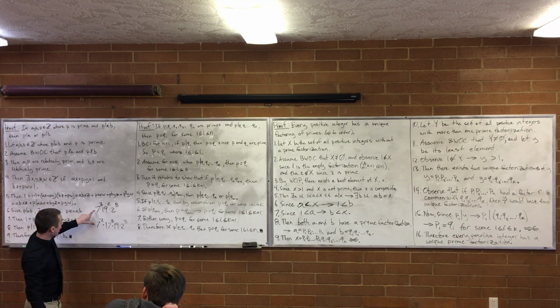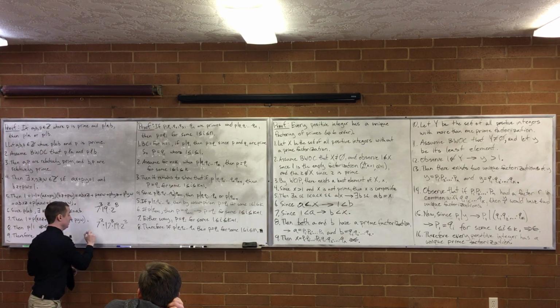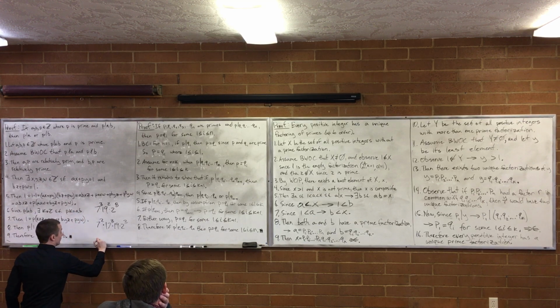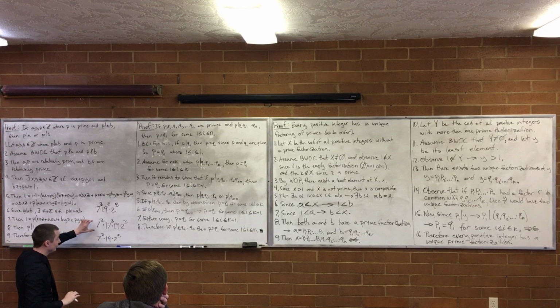You just take the common prime factors between the two numbers, and that's its GCD. The GCD between this number and this number is 7 squared times 19 times 2 to the 3. Whatever that number is, it's a common divisor of this, and it's a common divisor of this, right? Furthermore, it's the greatest common divisor.